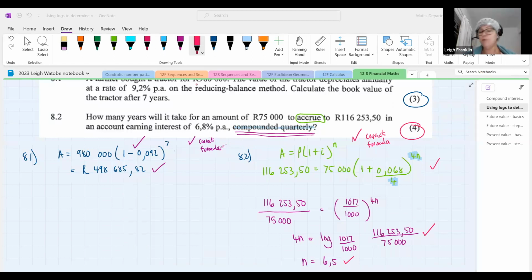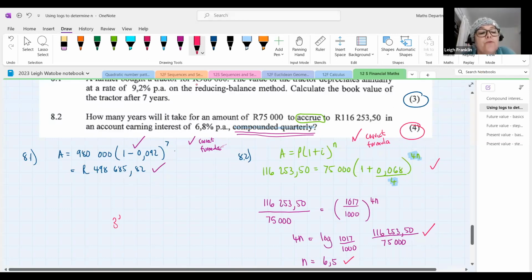Okay, Katlego, go for it. What's your question? Ma'am, so when we're writing exams, is it compulsory for us to write that log part of the equation? Yes. If you are using logs to calculate n, you have to write the log thing. It would be seen as the same as if you were making the bases the same.